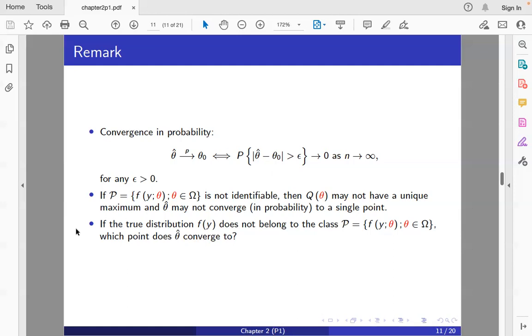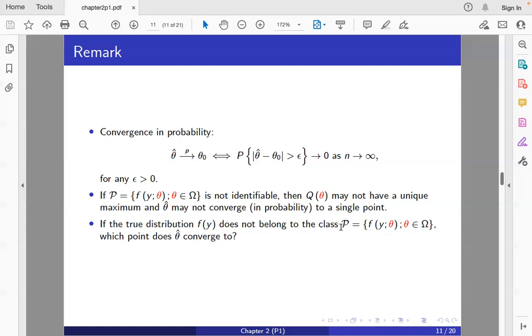The last question is: if the true distribution does not belong to the class P, which point does zeta hat n converge to? Anyone can answer this question. The theory here is that the MLE converges to the true point.